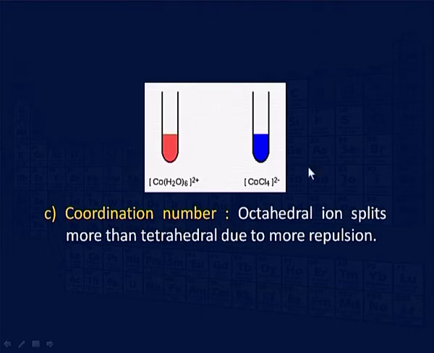Now, as the geometry changes, you can see the color of the solution also changes. The octahedral cobalt solution is pink in color, while the tetrahedral cobalt solution is blue in color, and therefore, we can say that color changes with the change in the coordination number of the complexes.